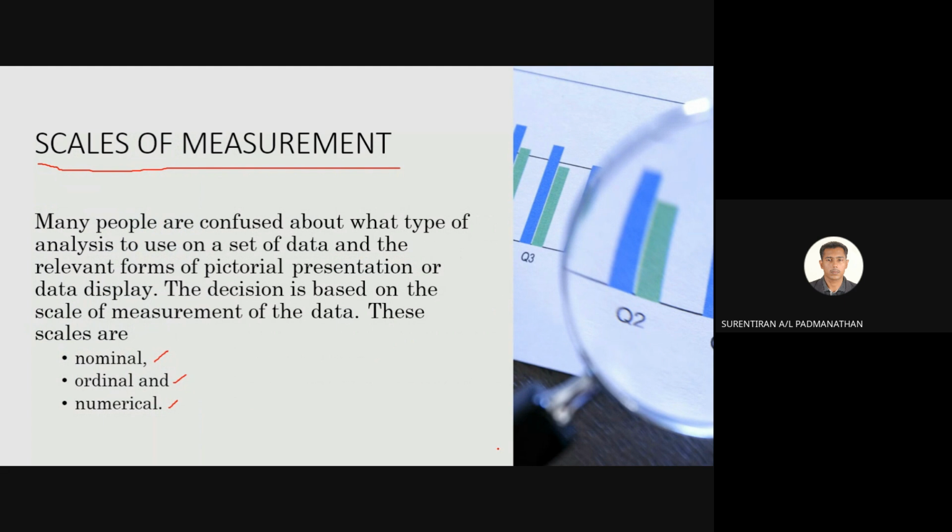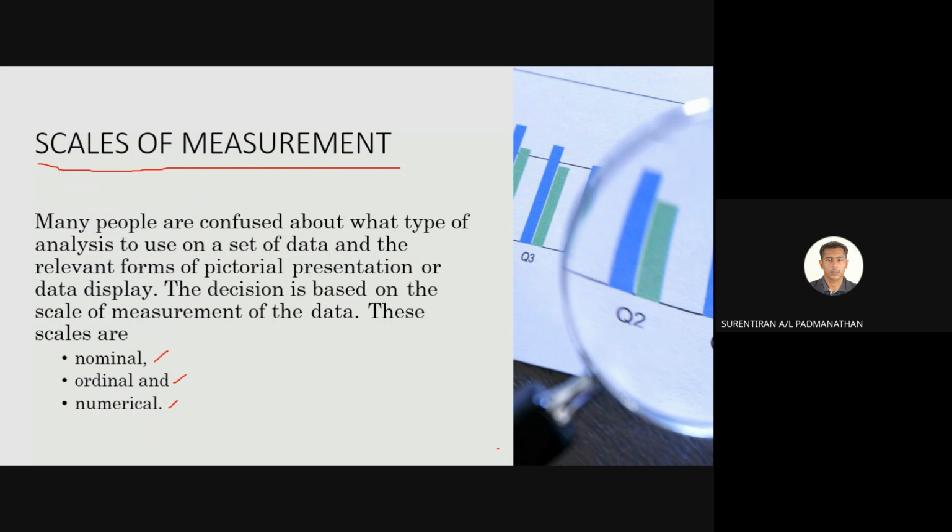Okay, so scales of measurement. Many people are confused about what type of analysis to use on a set of data and the relevant forms of pictorial presentation or data display. So the decision is based on the scale of measurement of the data.